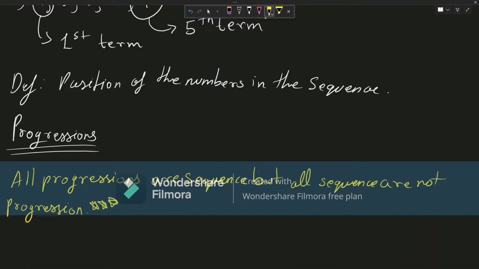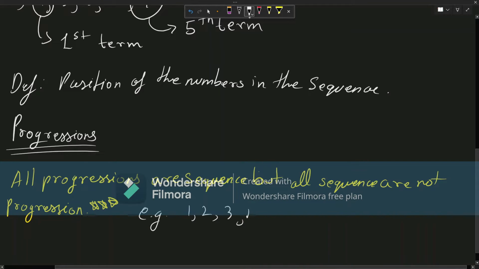Now, let me give you an example. 1, 2, 3, 4, and so on till infinity. Here there is a fixed pattern, right? It is a sequence, and also it is a progression. So there's plus 1, plus 1, plus 1, plus 1.